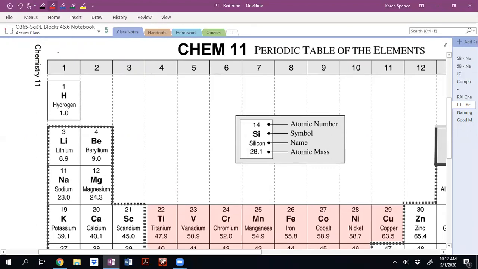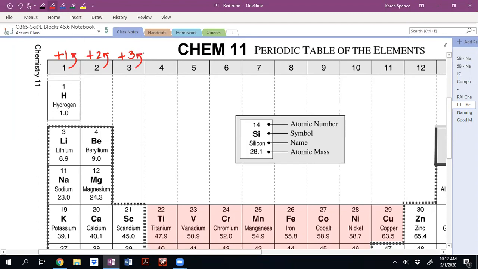Charge of column 1 is +1. Charge of column 2 is, guess what? +2. And the charge of column 3 is +3. Okay, so again, it's as easy as 1, 2, 3. And this one's particularly easy because group 1 is +1, group 2 is +2, and group 3 is +3.